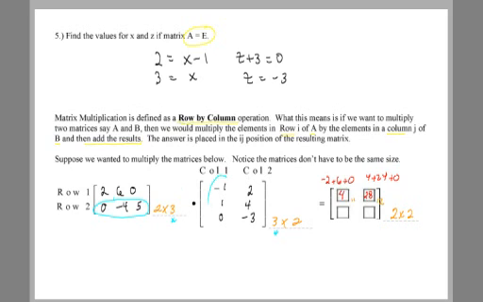Row 2 by column 1 will look like this, and what's going to get multiplied is 0 times negative 1, negative 4 times 1, and 5 times 0, across, down. The three products are 0, negative 4, and 0. Add the results, we get negative 4, and notice where we put it. We multiplied row 2 by column 1, so we put it in the row 2, column 1 position.